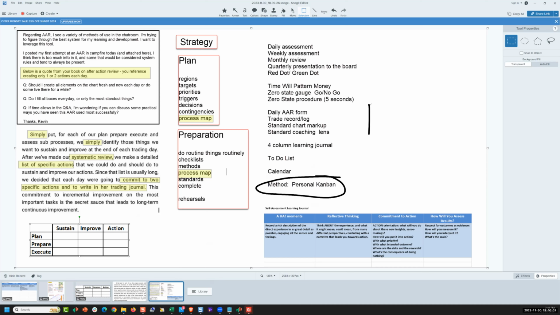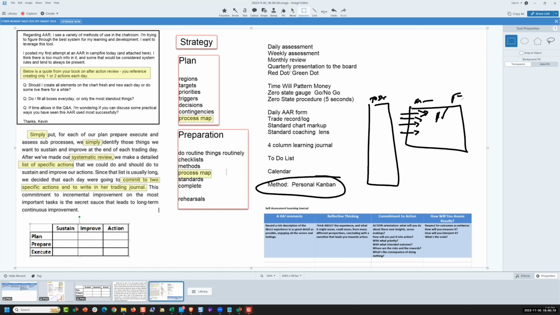So I have some amount of things on my to-do list, but I know that in the course of Monday through Friday or whatever, there's only a handful of things that I can work on and get to completion on. And when I complete it, I can put that on my completed list. So the Kanban is a Japanese manufacturing technique which says, don't try to do everything at once.